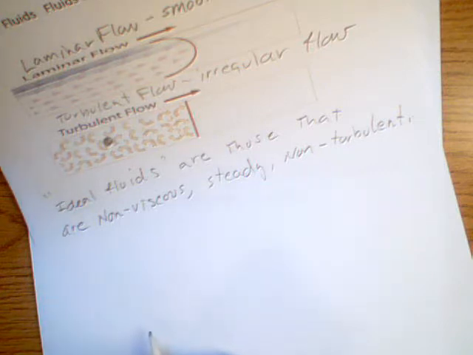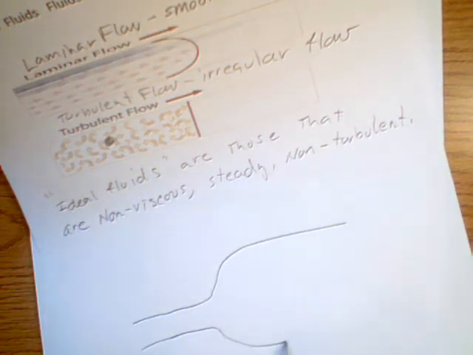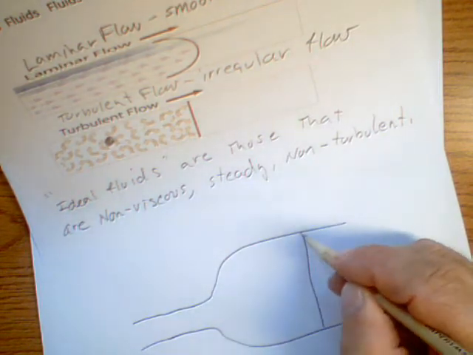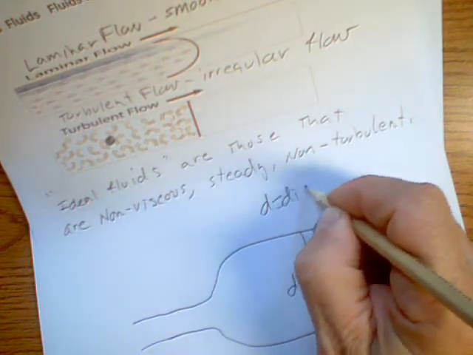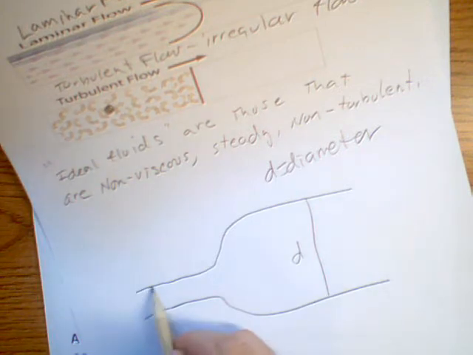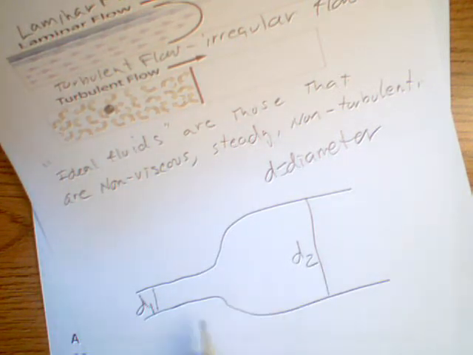One of the things that we find in a closed system is that if the diameter narrows, so what I'm measuring here is D. If the diameter narrows, and here's another D, we'll call this D1, and we'll call this D2. See how it narrowed? What do you think happens to velocity?